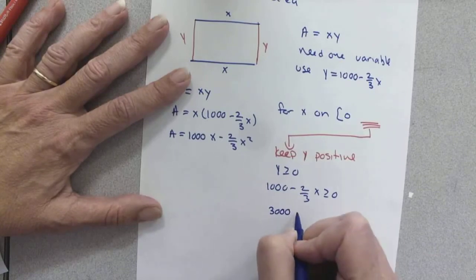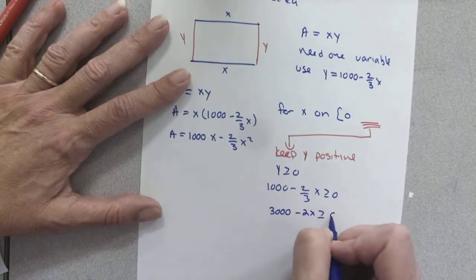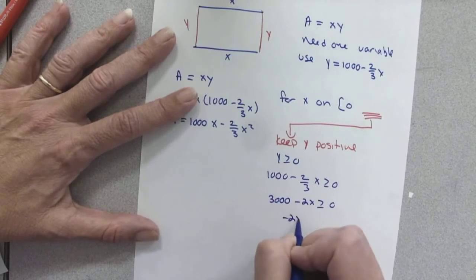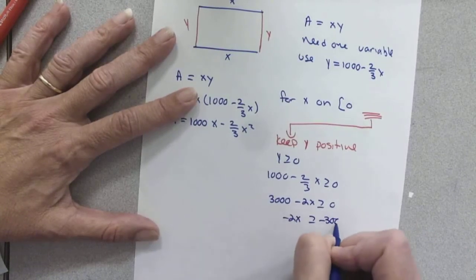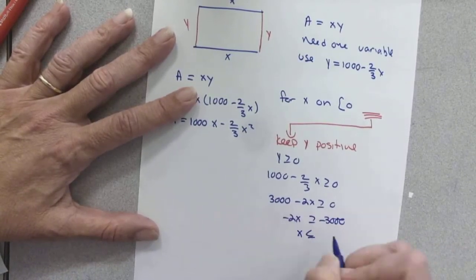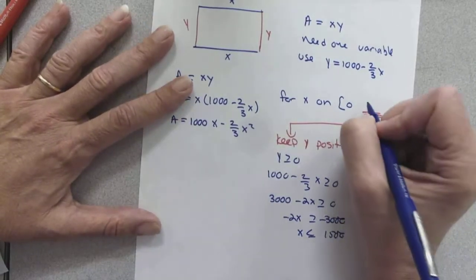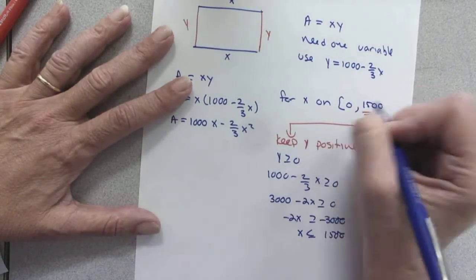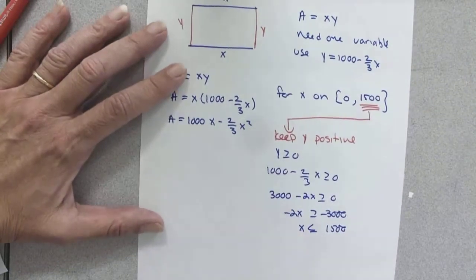So that's 3,000 minus 2x greater than or equal to 0. Negative 2x greater than negative 3,000. X less than or equal to 1,500. And there's the upper limit.